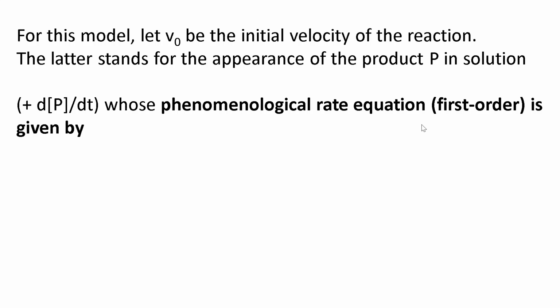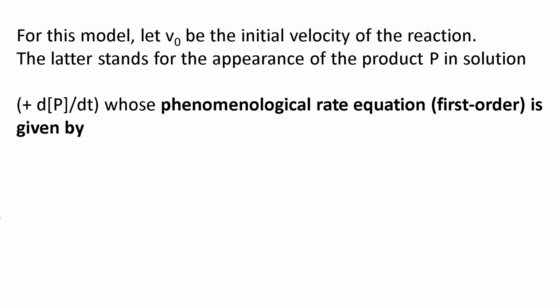The letter P stands for the appearance of product in the solution. So when you look at the rate at which products are formed, we can now begin to say that is the initial velocity. We represent that with the equation dP/dt, whose phenomenological rate of reaction is first order.